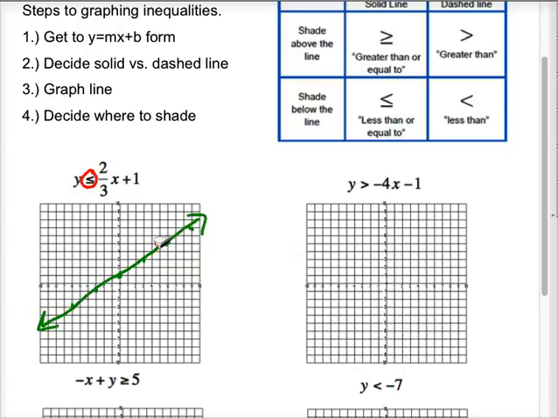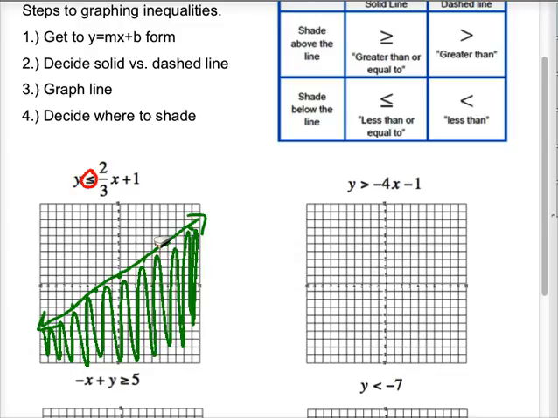Now, less than means I'm going to shade under my line, because less than is going to be under. So I end up shading that whole region there.